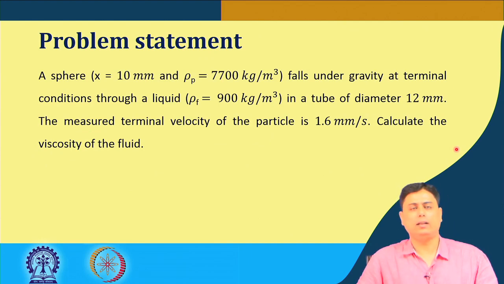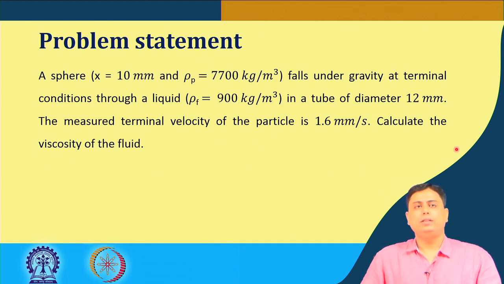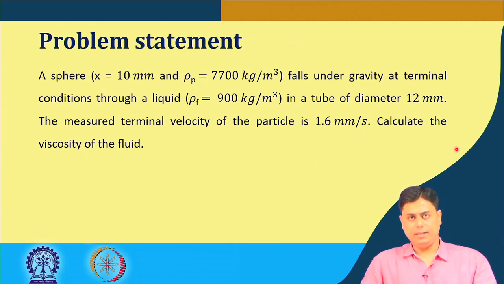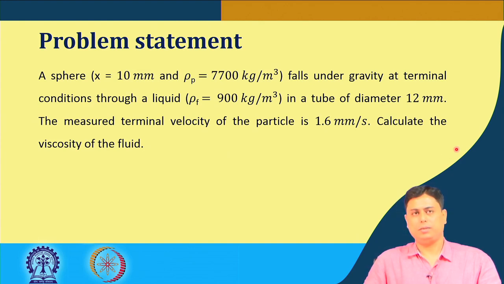Now we go to another problem. Here it is asked that a sphere of known diameter and density falls under gravity at terminal conditions through a liquid of known density in a tube of diameter 12 millimeter.